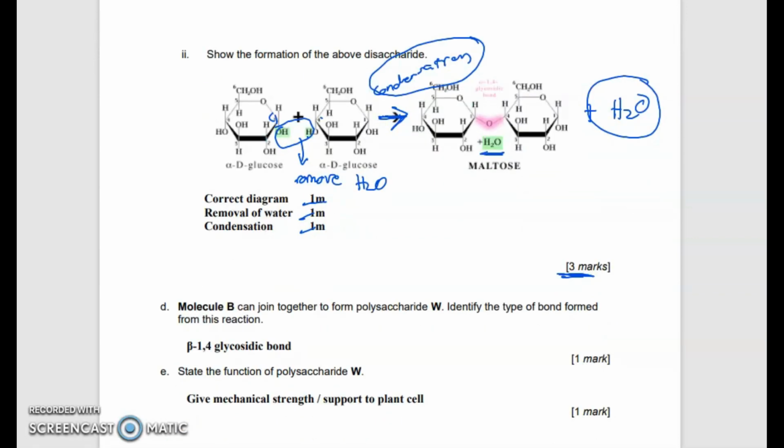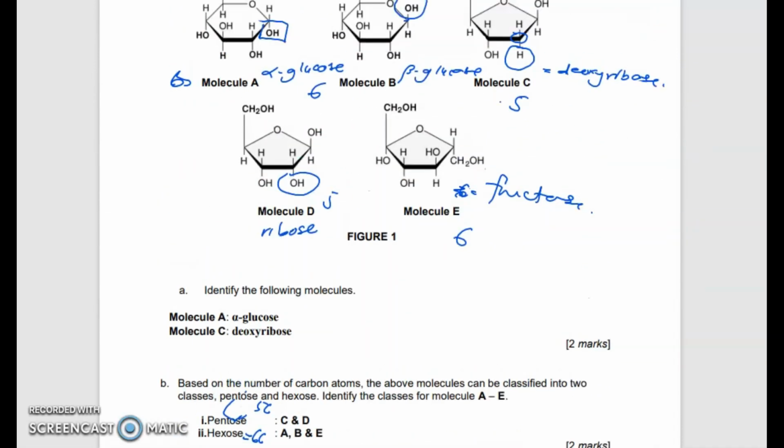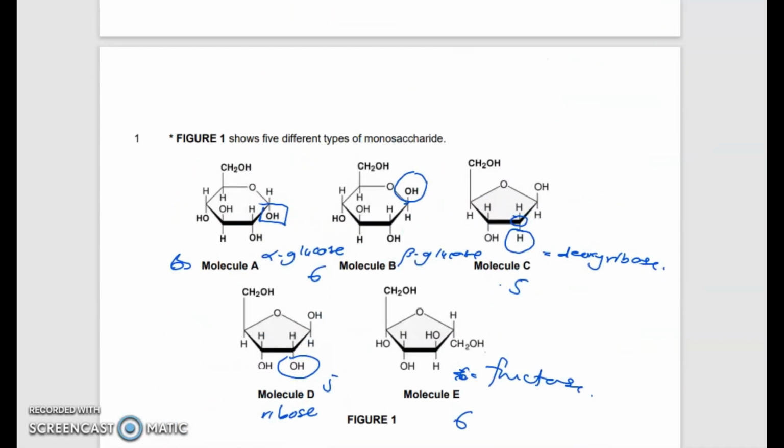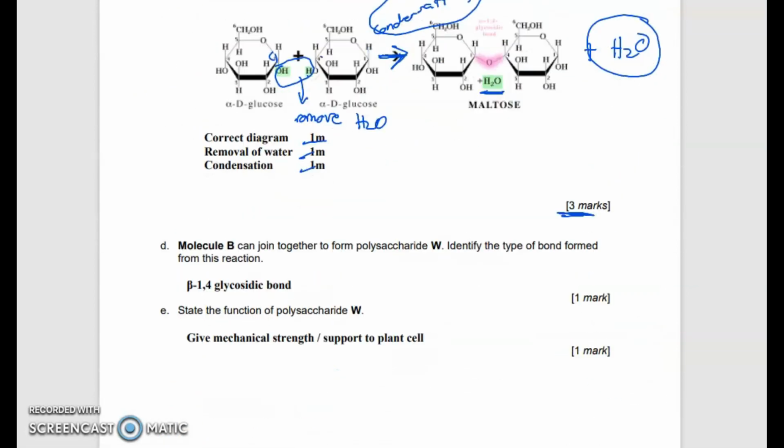Next question. Molecule B can join together to form polysaccharide W. Identify the type of bond formed from this reaction. So B, look at B. B is beta glucose. So from the polysaccharide that you have learned, only one is made by beta glucose.